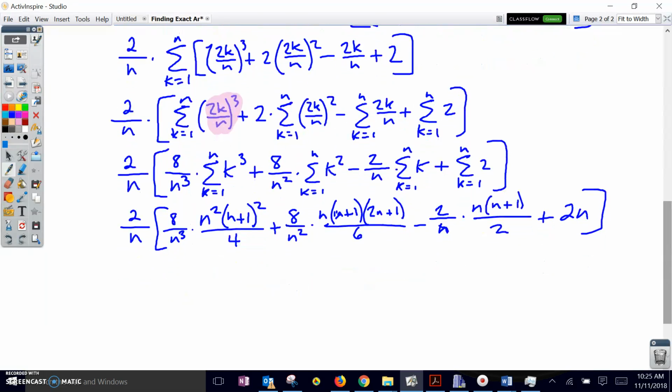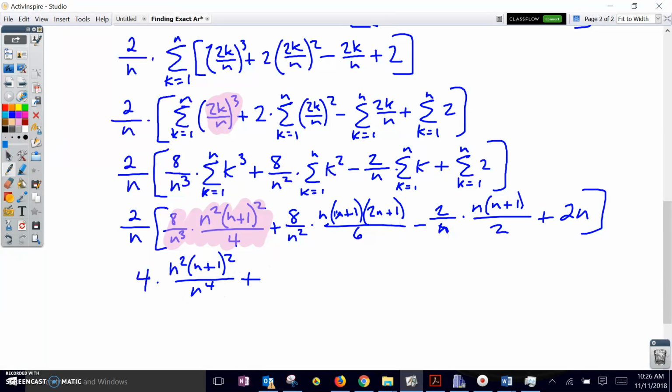Alright, now I want to distribute, and I'll do my little denominator switcheroo along the way. So I distribute it through the first term right here, and that gives me 16 over 4, which is 4 times n squared times quantity n plus 1 squared all over n to the 4th.